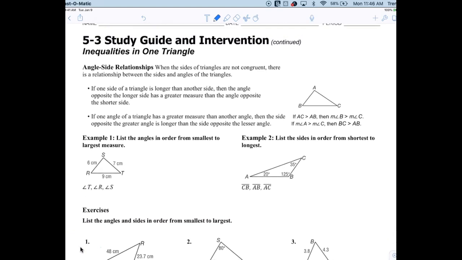All right, so now the next topic is the relationship between a side and an angle, the relationship between the opposite side and the angle. Look here, guys.